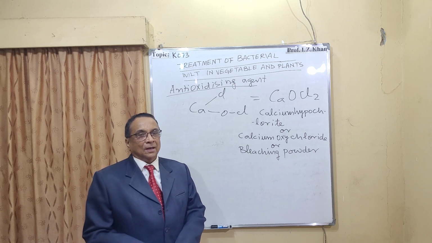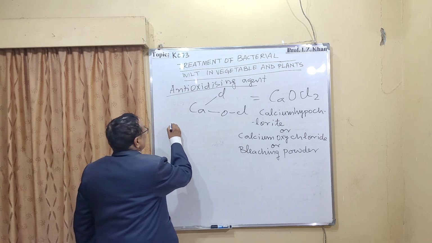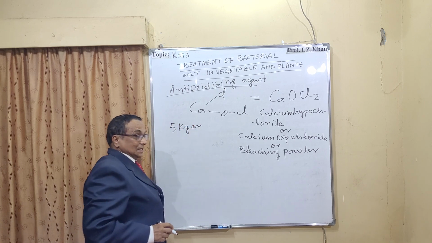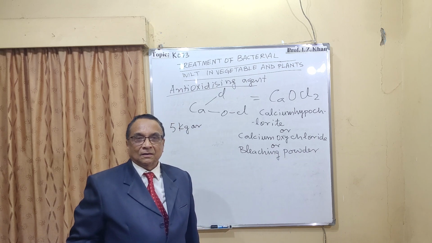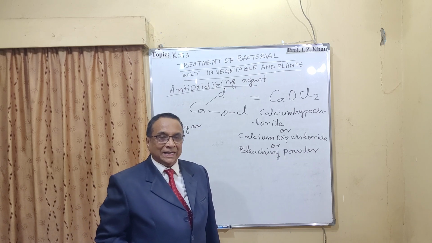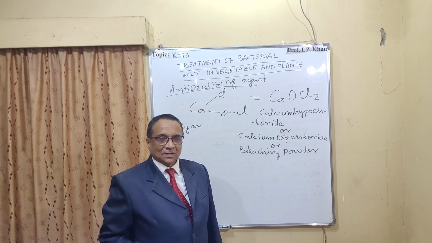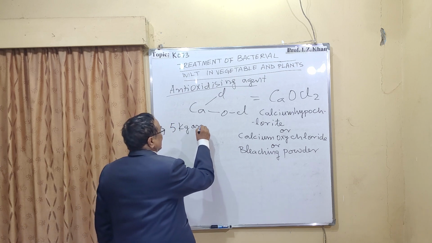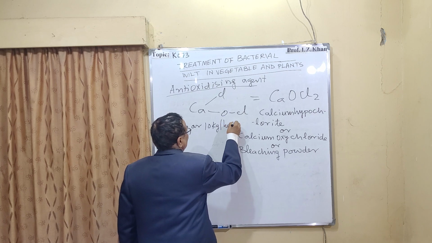What we have to do is take 5 kg, or if the soil has really a lot of bacterial colonies and your crop is always damaged, then you can use 10 kg per hectare.